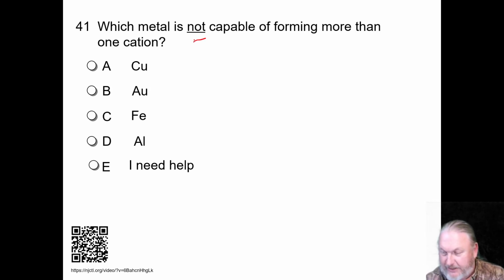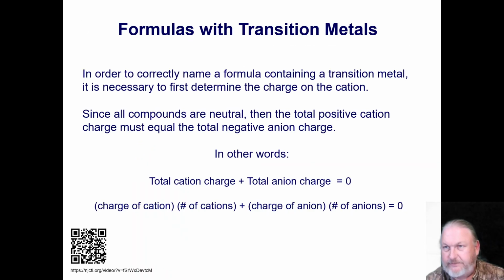It said not capable. So we're looking for something that is either going to be in group 1, group 2, or group 13. There's a hint. Copper, transition metal, it can do more. Gold, Au, it can do more than one. Iron's transition. The only one that's not is D, aluminum. And that is the answer.